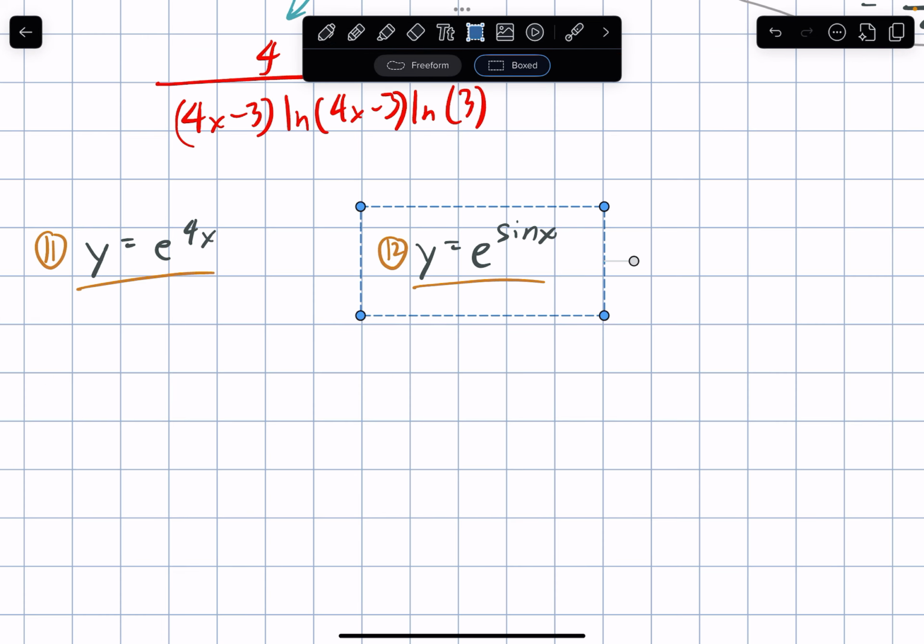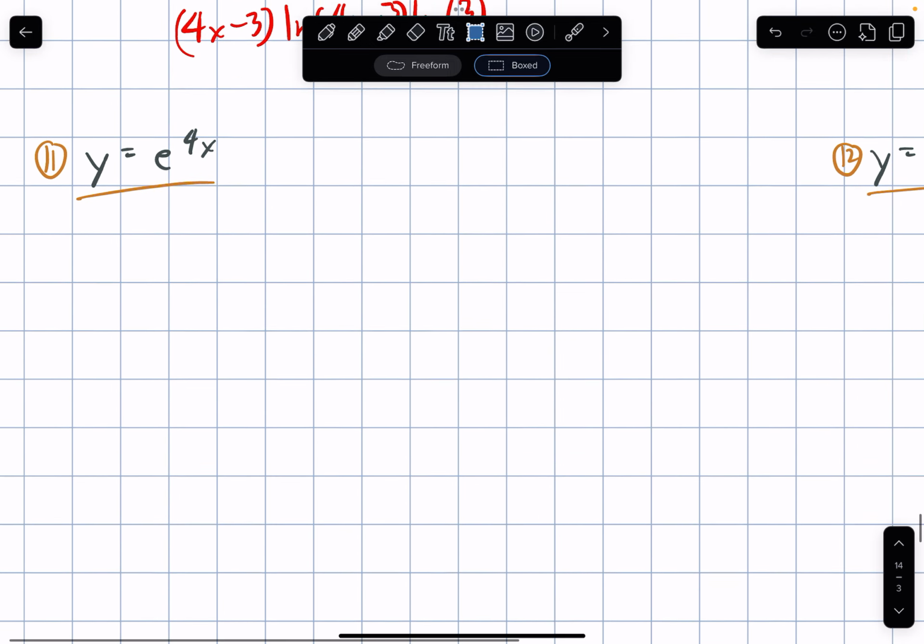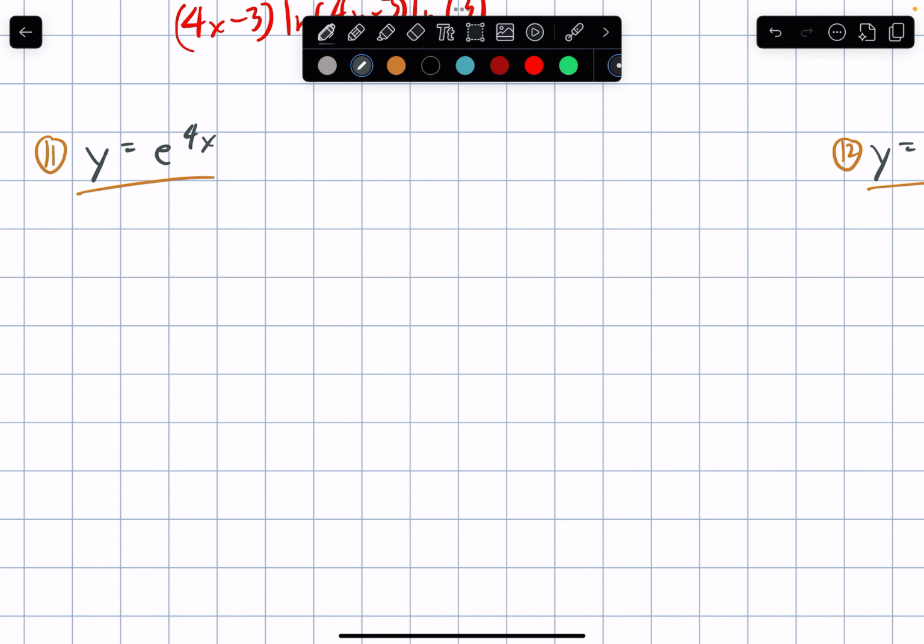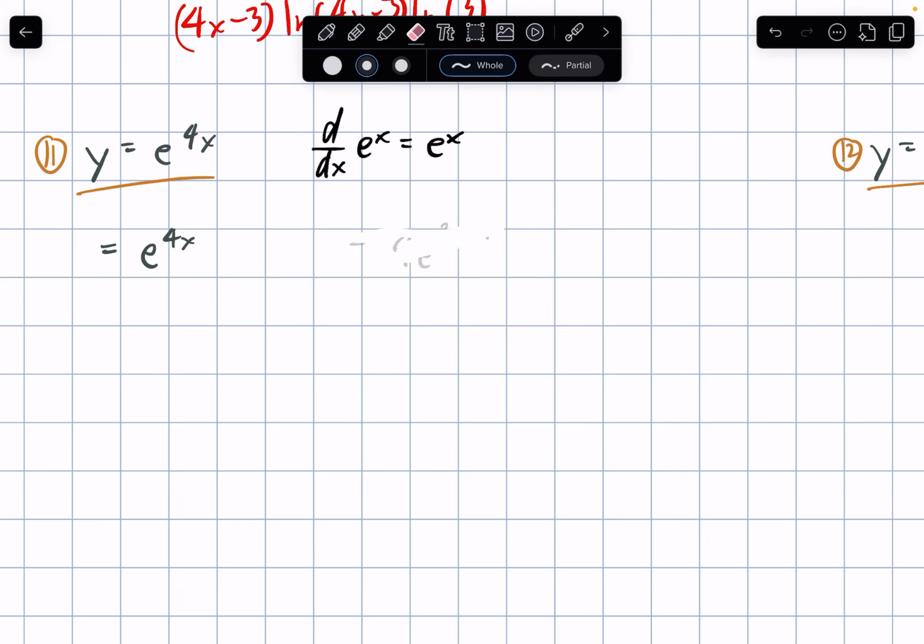Okay, number 11. Either that's gonna be just e raised to 4x again, or no, this is not. This doesn't look right.